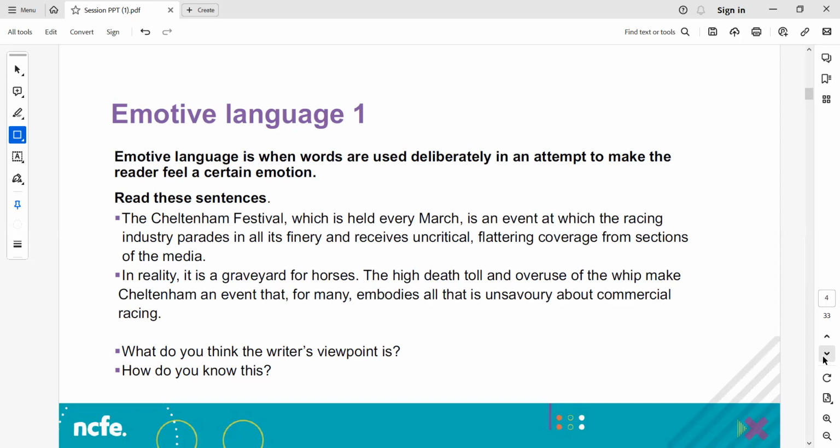The high death toll and overuse of the whip make Cheltenham an event that, for many, embodies all that is unsavoury about commercial racing. So looking at those two sentences, what do you think the writer's viewpoint is? The writer who's written those sentences, what is their viewpoint about the festival?